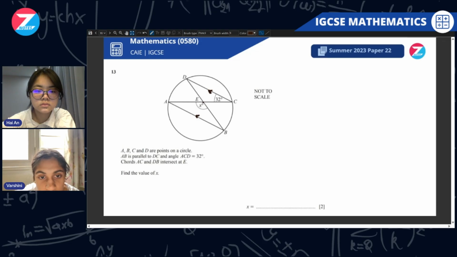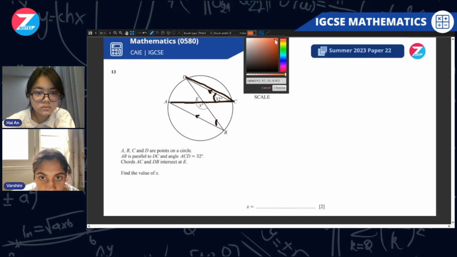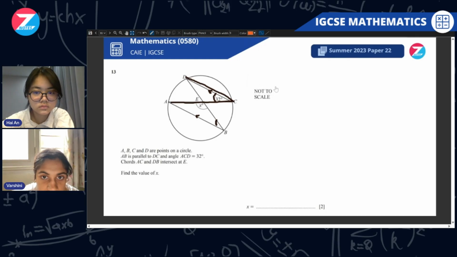Okay, so first, we know that angles in the same segment of the circle are equal. So what would that mean? That would mean this angle is equal to this angle. And we can also prove that because angles subtended by the same arc are also equal. So if we take this angle DCA, the arc it's subtended by, drawn in red, is this.